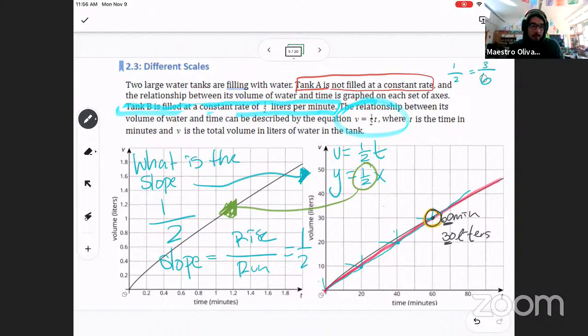After an hour, the blue tank will have more. But what's important here is we have our point of intersection, our point where the 2 lines cross. What does that mean? They have the same amount of water at the same amount of time.